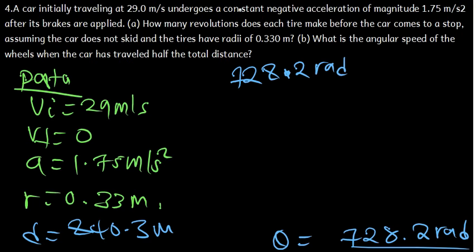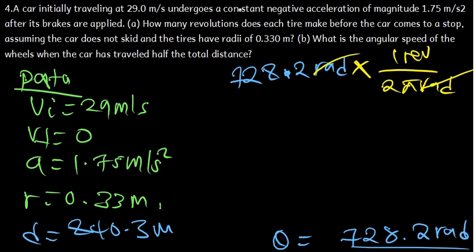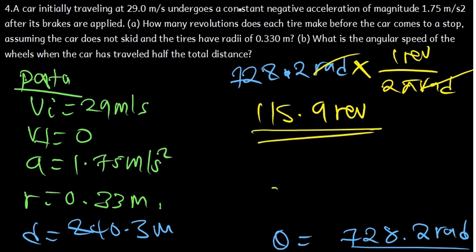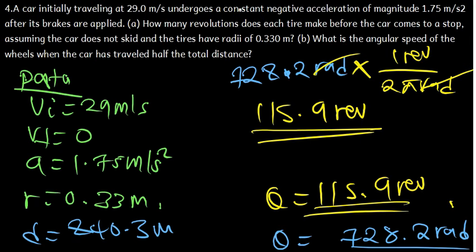How many revolutions? In one revolution, how many rad do we have? We have 2 pi rad. So these two will cancel. This answer divided by 2 pi. So I'm getting 115.9 revolutions. So my distance in revolutions is 115.9 revs. As simple as that.